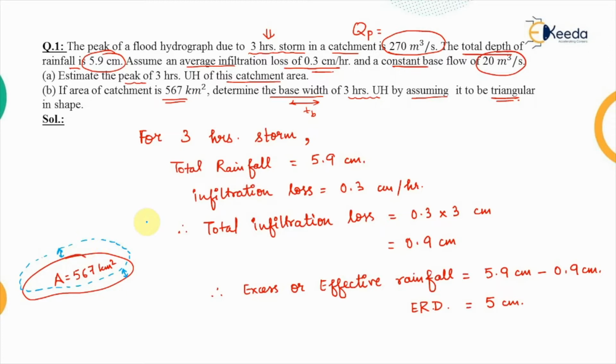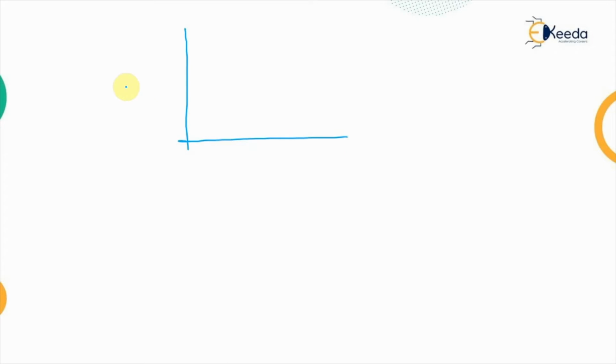Now we have to calculate in the first step what will be the unit hydrograph. We do not know anything as such. So if we look at the flood hydrograph first, we know that the hydrograph is a plot between the discharge and the time, with the discharge shown on the y-axis and the duration shown on the x-axis.